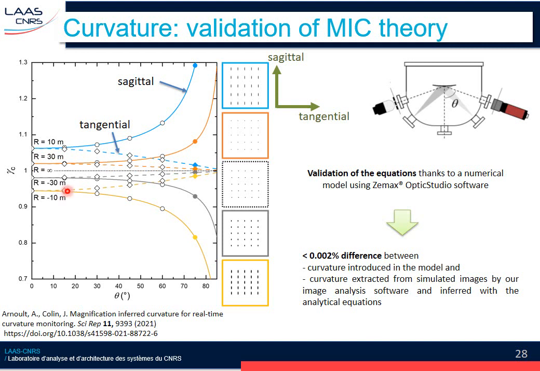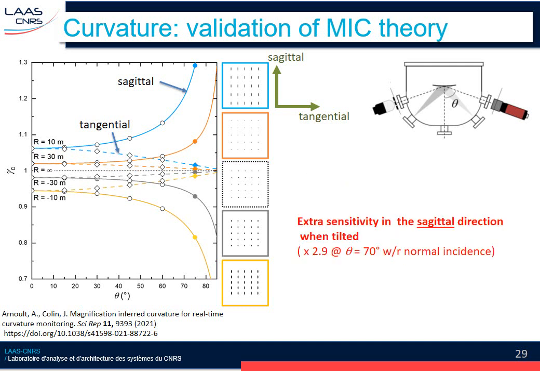And the dots are extracted from the analysis of these images, which were simulated by Zemax, so the numerical model. And we found less than 0.02% difference between the curvature introduced in the model and the curvature extracted from these simulated images, thanks to our image analysis software and inferred with the analytical equations.